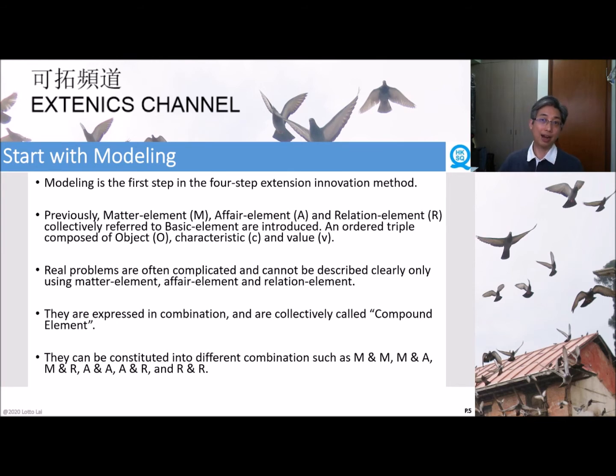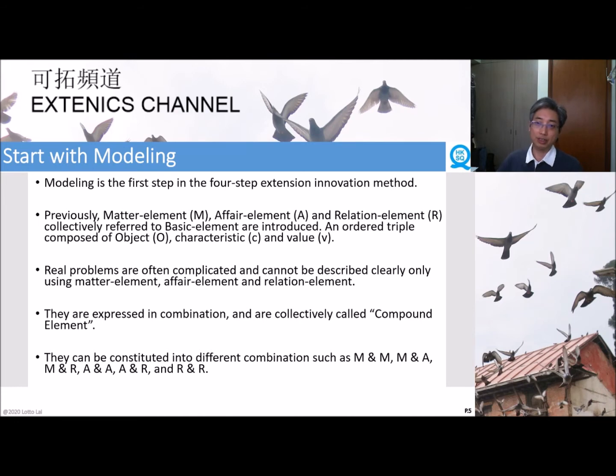After this formalized pattern, it will change each component to a combination of different ideas. That is why we start from meta element, affair element, and relationship element, such basic elements as the beginning of modeling your problem and your situation.